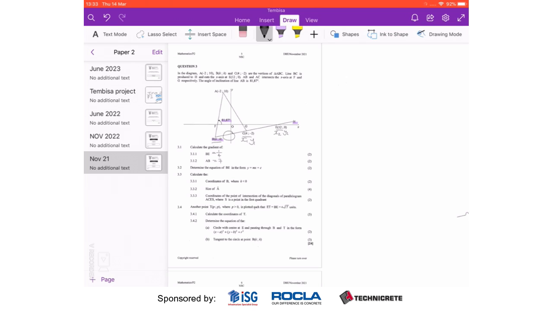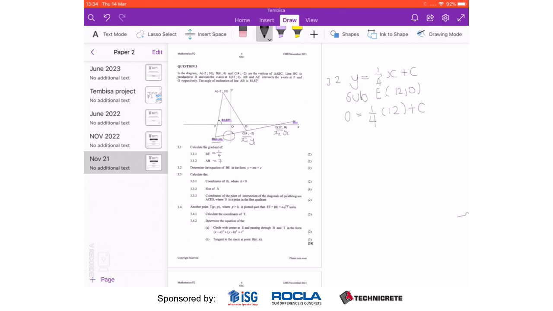So 3.2. Let's see, we've got y is equal to, we know my m is 1 over 4, x plus c. We are going to substitute E, which is (12, 0). My y is 0, so 0 is equal to 1 over 4 times 12 plus c.